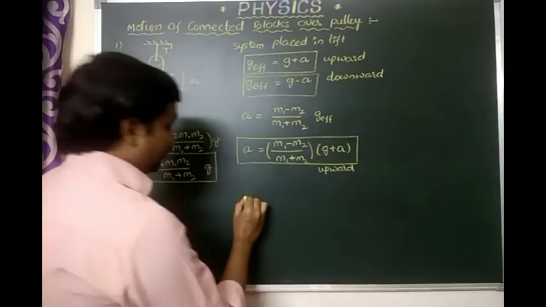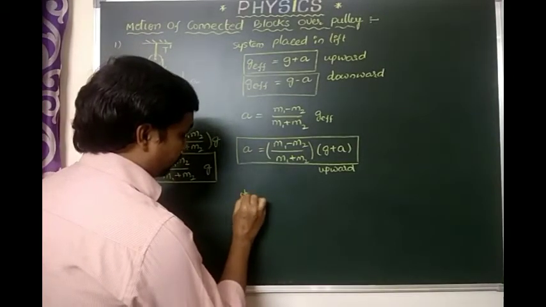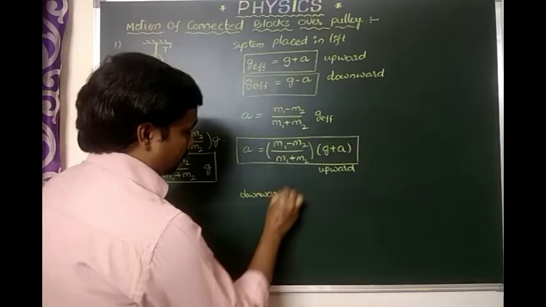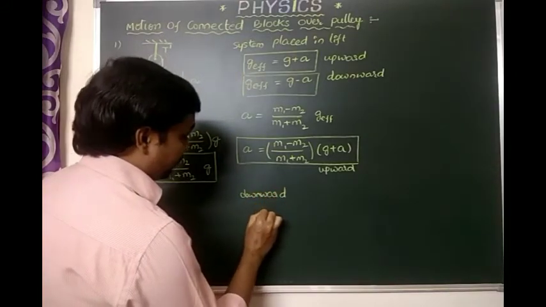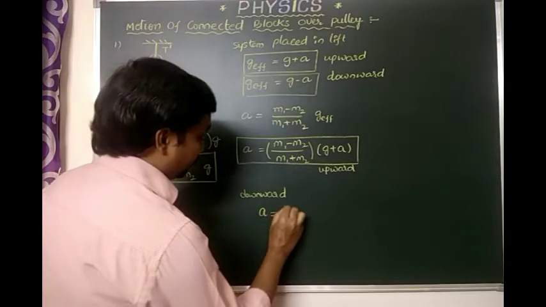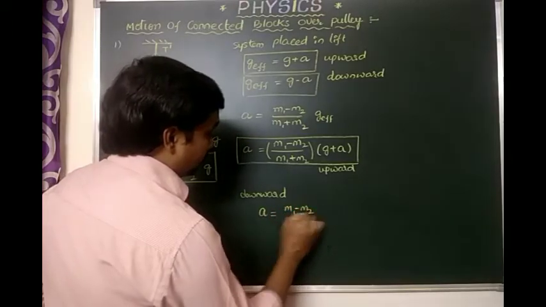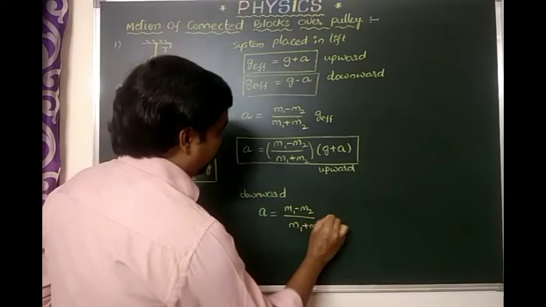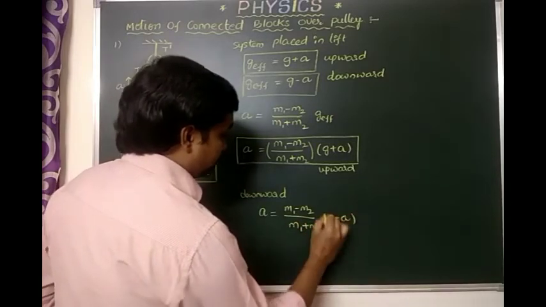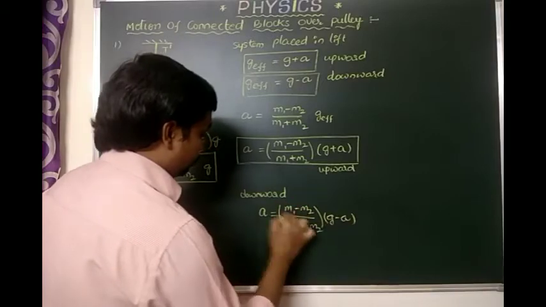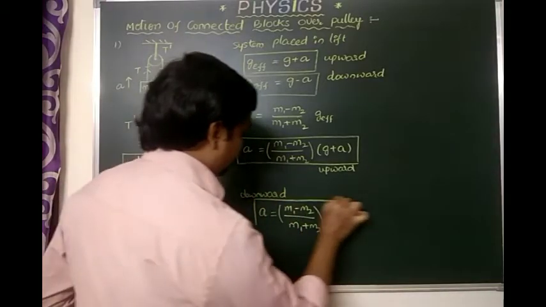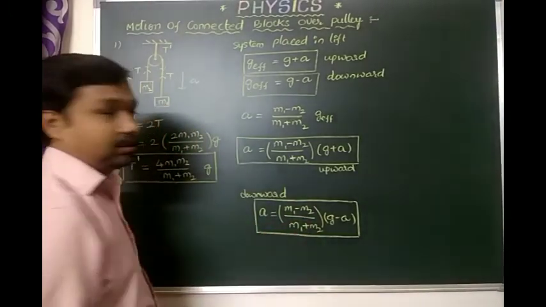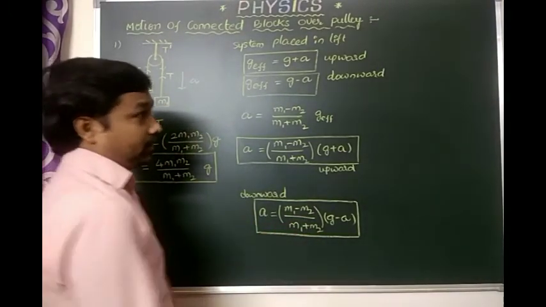When it is going in the downward direction, acceleration a equals m1 minus m2 divided by m1 plus m2 into g minus a. This is the formula for acceleration. What happened to the tension?